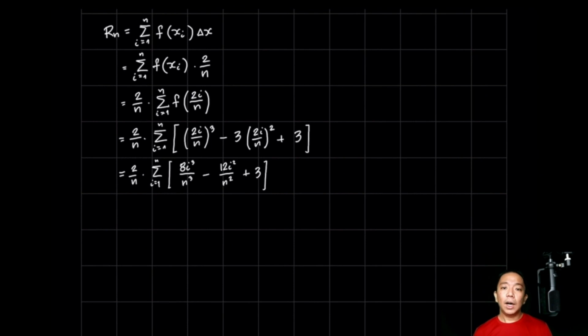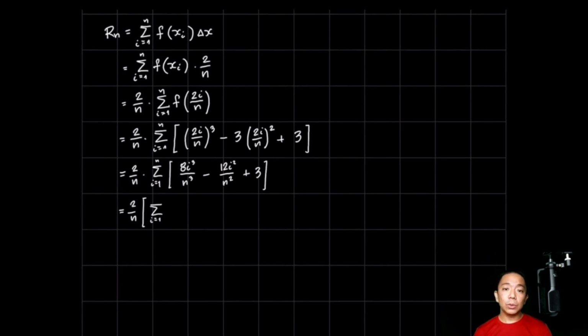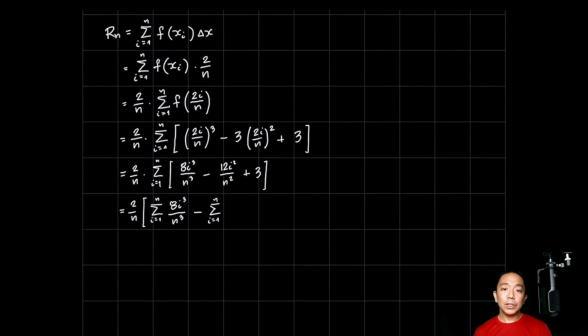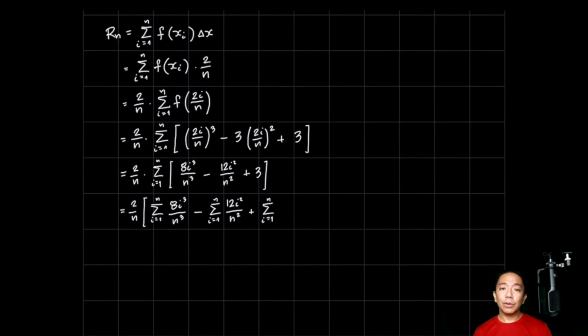Okay. Our next step is to distribute the summation sa lahat ng term dun sa parenthesis or square bracket natin. So, this will be equal to 2 over n times the summation from i equals 1 to n of 8i cubed over n cubed minus the summation from i equals 1 to n of 12i squared over n squared plus the summation from i equals 1 to n of 3. 3 lang.